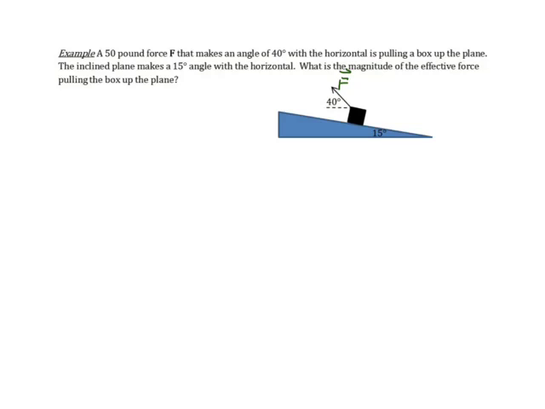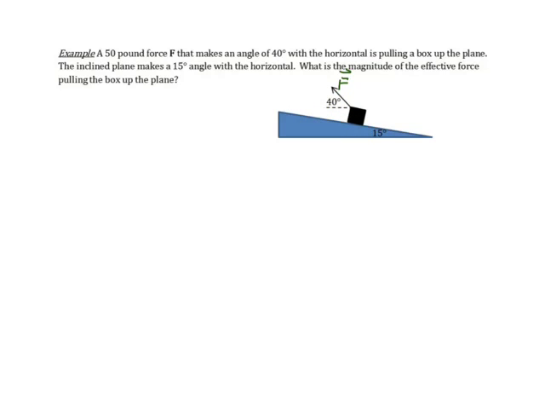Okay, and it's pulling up on a box, up a plane. The inclined plane is at 15-degree angle with the horizontal. We want to know what is the magnitude of the effective force that's pulling the box up the plane. All right? So you can think of it, we got some rope or somebody pulling up at an angle on this box as we're trying to move this box upward on the plane.